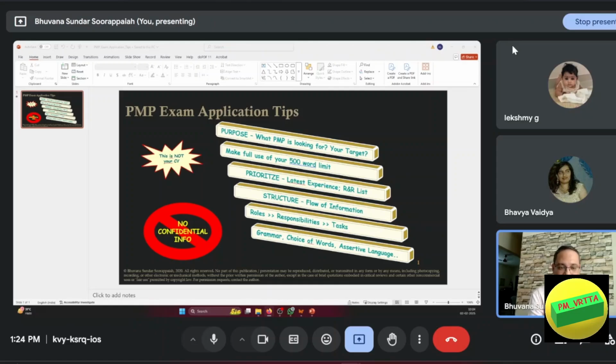Done. Then after this, what are your responsibilities? So in your role, you are expected to do high level one or two things alone. It could be a technical explanation also, but make sure some project management responsibilities are coming out in that sentence. Then when you come to responsibilities, I am responsible for customer interface.